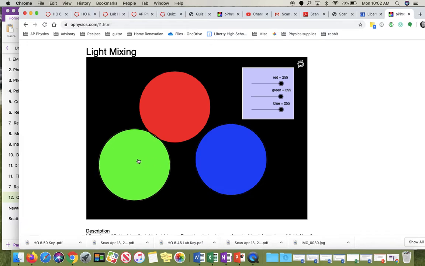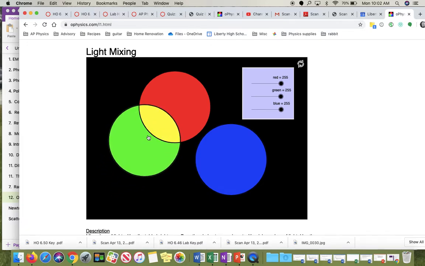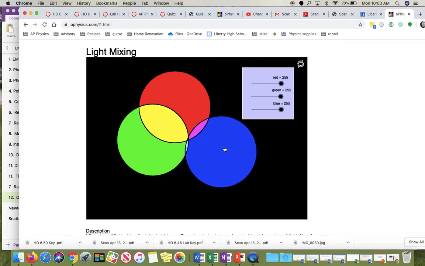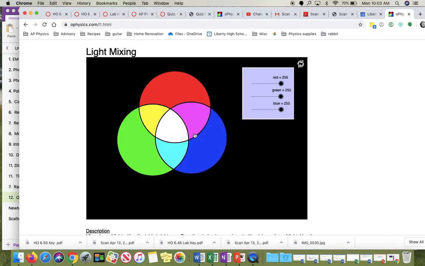Now overlapping the green with the red, we form yellow. And if we overlap all three of these, we get our white color in the middle. So all three of the primary colors add up to equal white, and you have yellow, cyan, and magenta as the secondary colors, and red, green, and blue as your primary colors. Once again, make sure you know all of those. They will be tested, so make sure you have those things down.